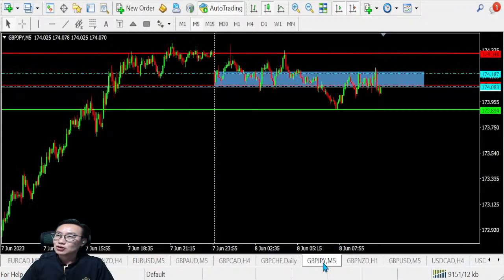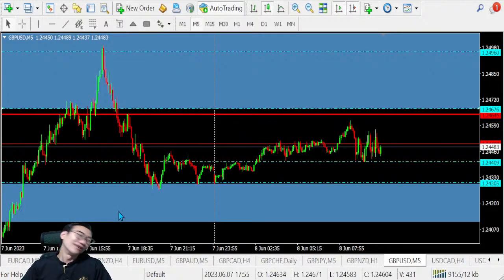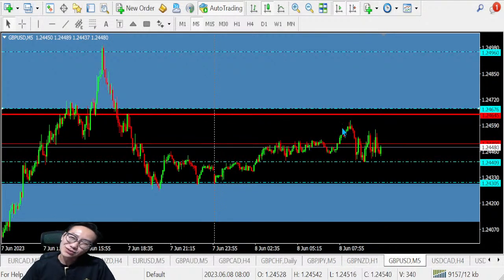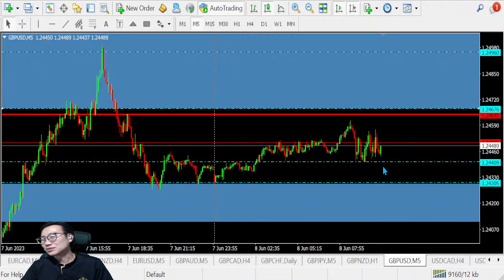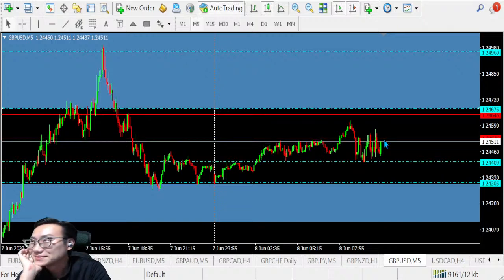Focus, not on my chart. Focus to sleep. Oh, you see, this is so torturing, right? When it comes down, it's going to break into this area, but it's now setting up a support. Oh, so tired, so boring.